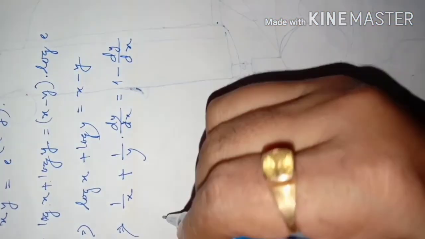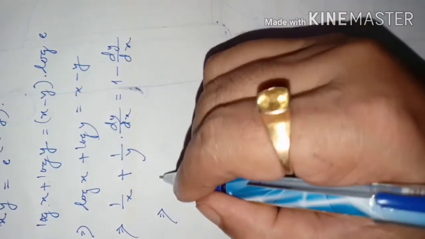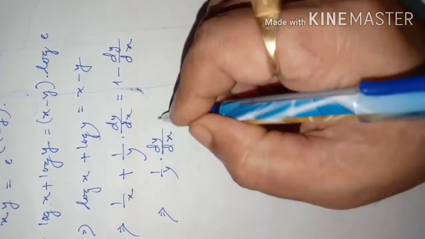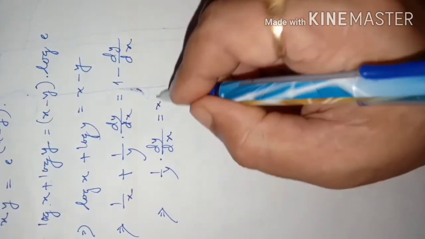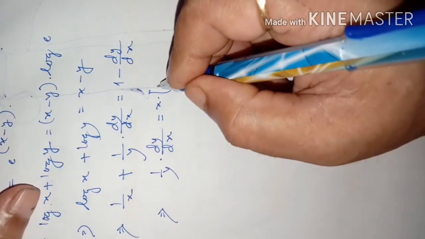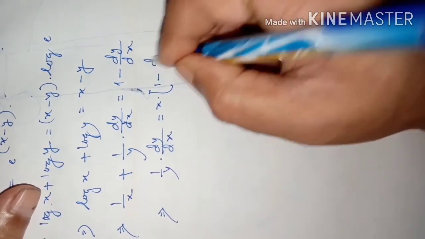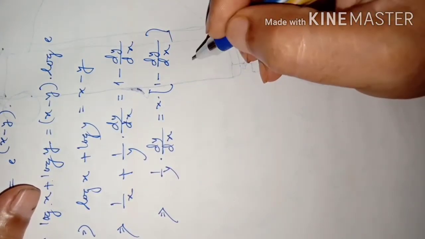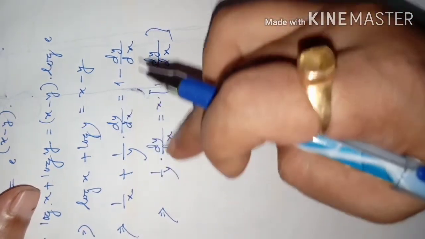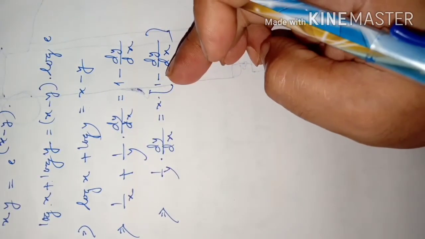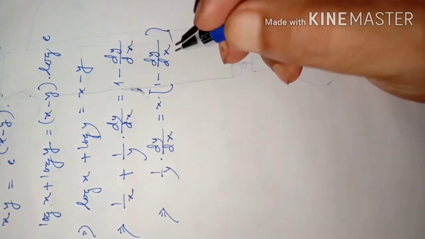So then from here what shall we get? 1 by x plus 1 by y into dy by dx is equal to 1 minus dy by dx. Got the idea?